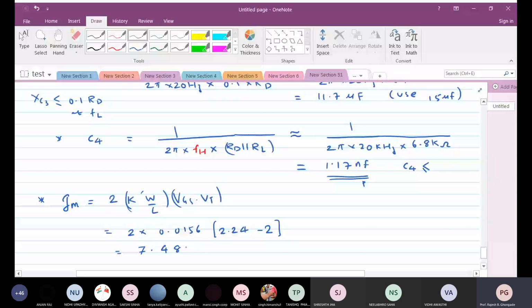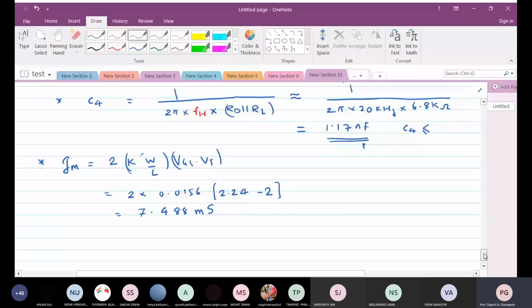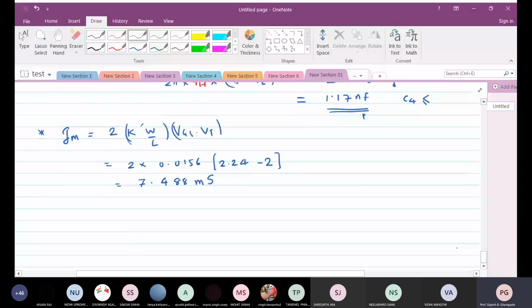7.488 millisiemens. So I can calculate the actual gain AV as minus GM into RD. That turns out to be minus 7.488 into 6.8 kilo-ohms. Find out how much this is.